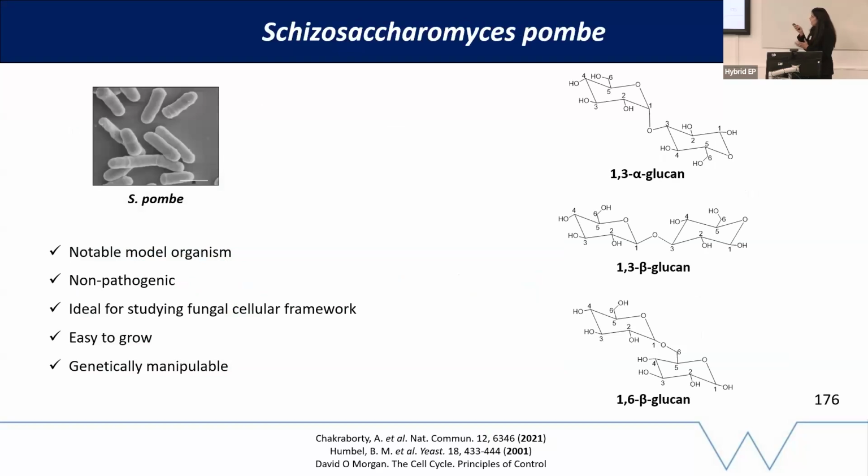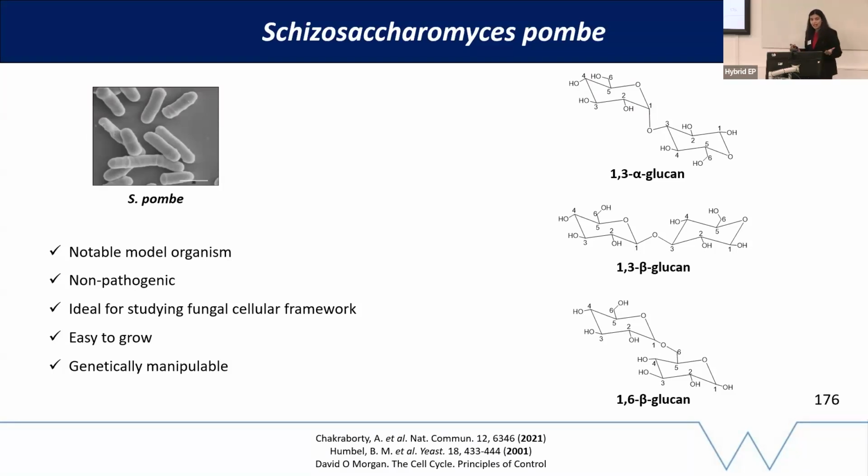For our goal, we have chosen Schizosaccharomyces pombe, which we'll call S. pombe. There are various reasons why we have chosen this. Firstly, it is non-pathogenic and easy to handle. It is a notable model organism, which makes it an ideal choice for studying fungal cellular networks. It's very easy to grow and genetically manipulate.